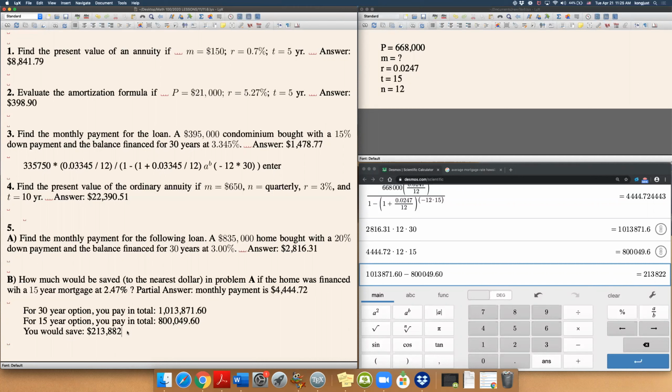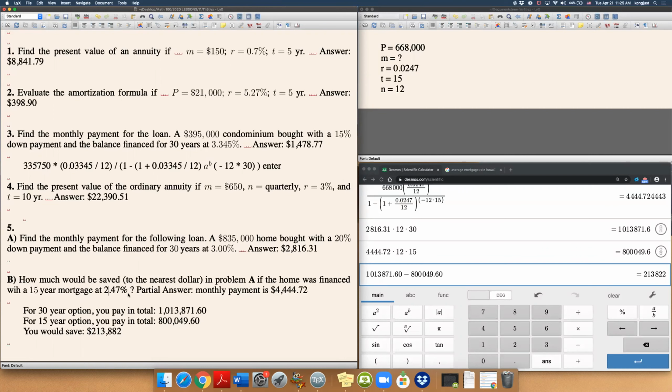Does that make sense to you guys? Yes. Okay. So this kind of looks good in a way, right? You save $213,000 by paying off in 15 years rather than 30. So you see the benefit of shortening the length of the loan. Even if you had kept the same interest rate of 3%, this still would have played out.